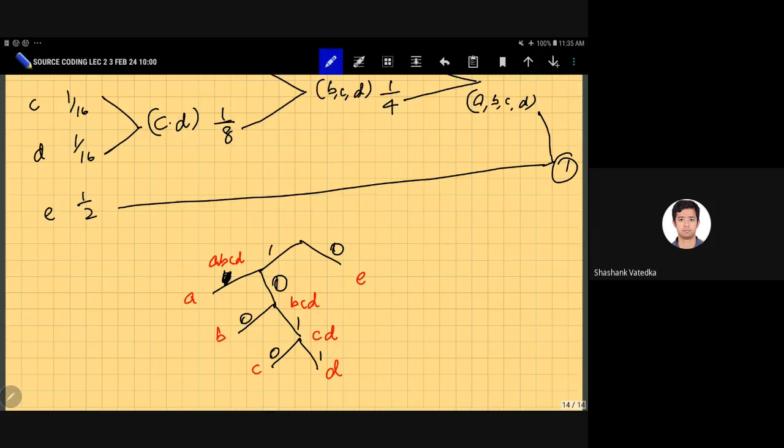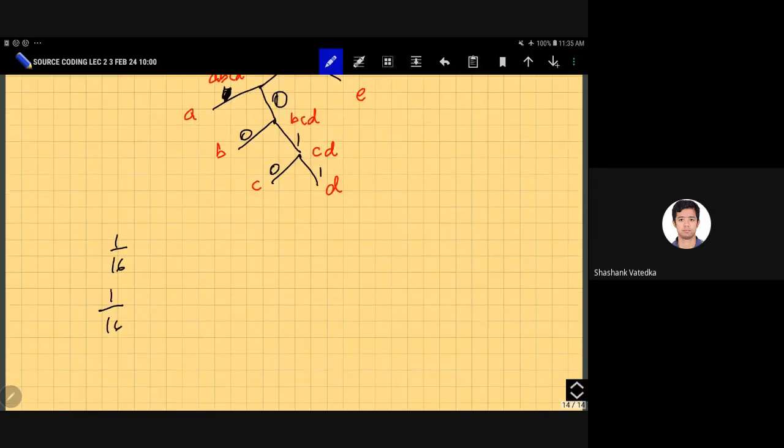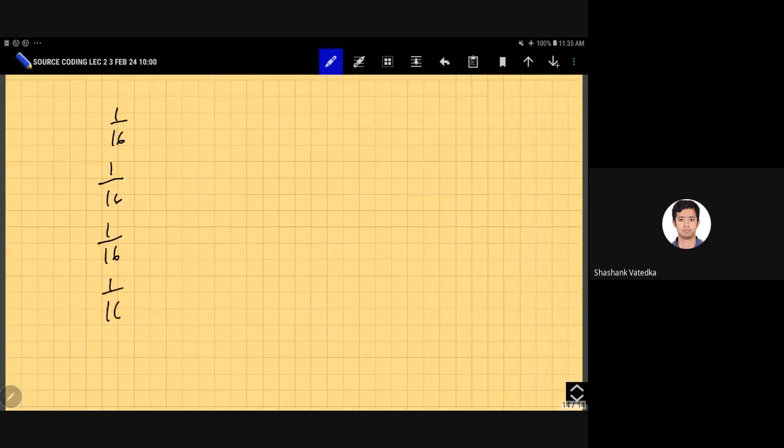So if I have, for example, 1/16, 1/16, 1/16, 1/16, you can effectively merge any two symbols with the same probability. So you could merge these two or these two. It doesn't matter, at least in terms of the expected length.